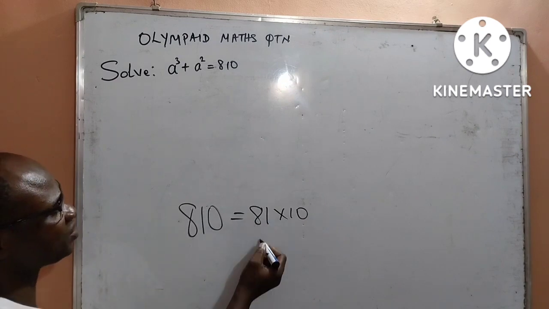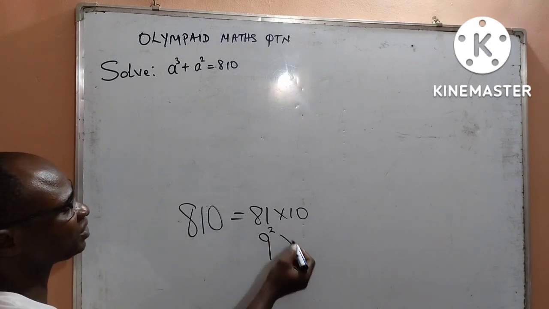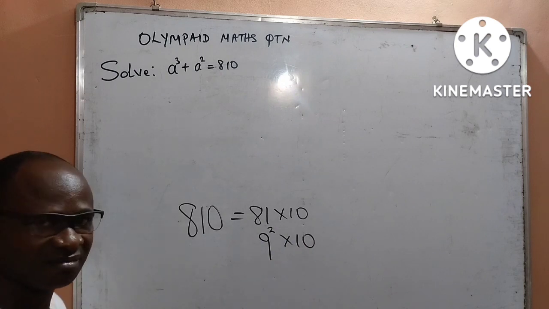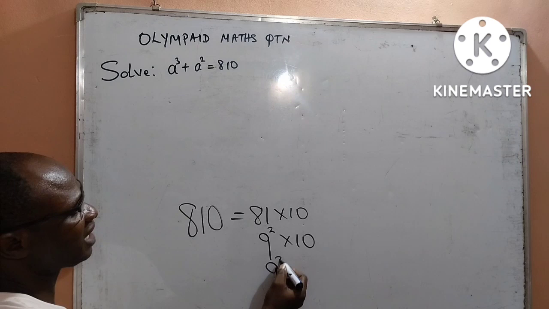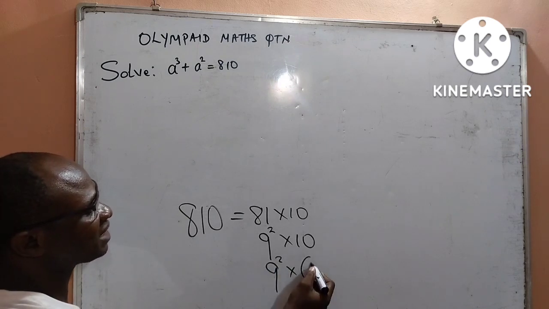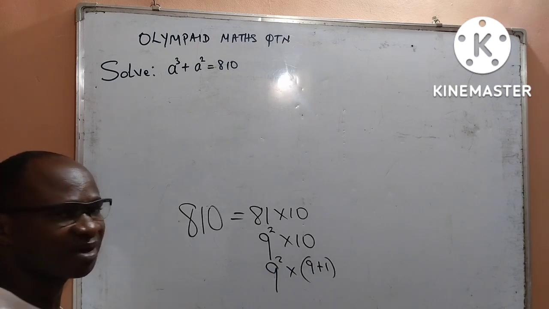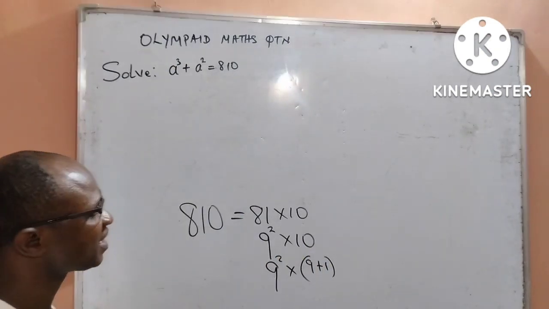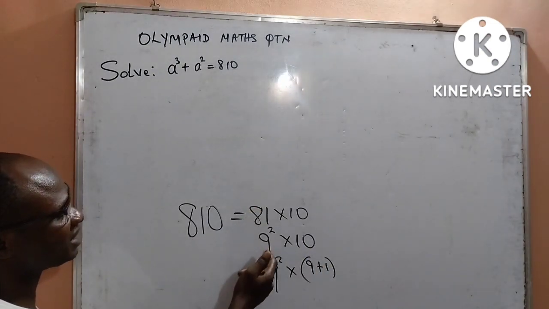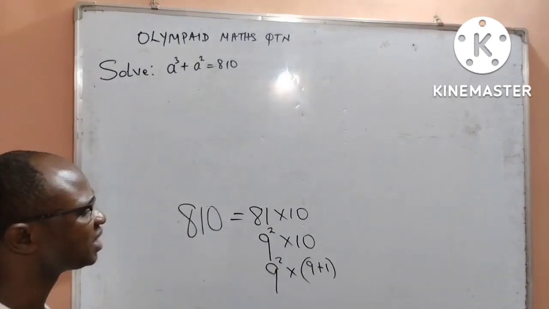And I can write this 81 as 9 raised to power 2, then times 10. I can also write 10 as 9 plus 1, because my 10 is the same as 9 plus 1 and my 81 is the same as 9 to the power 2.